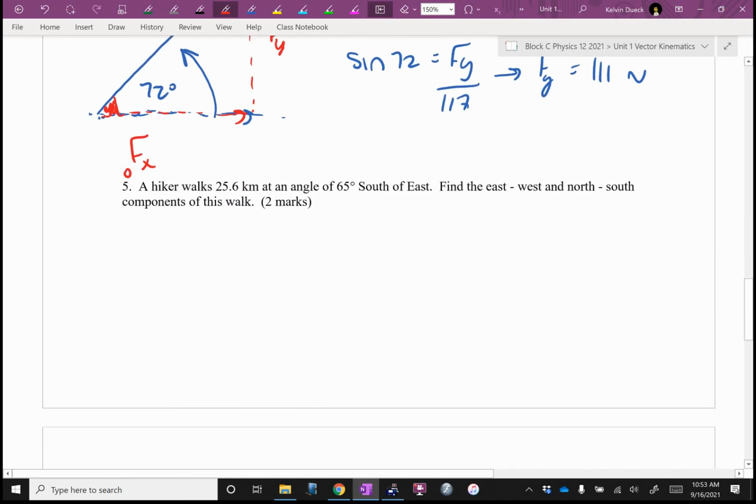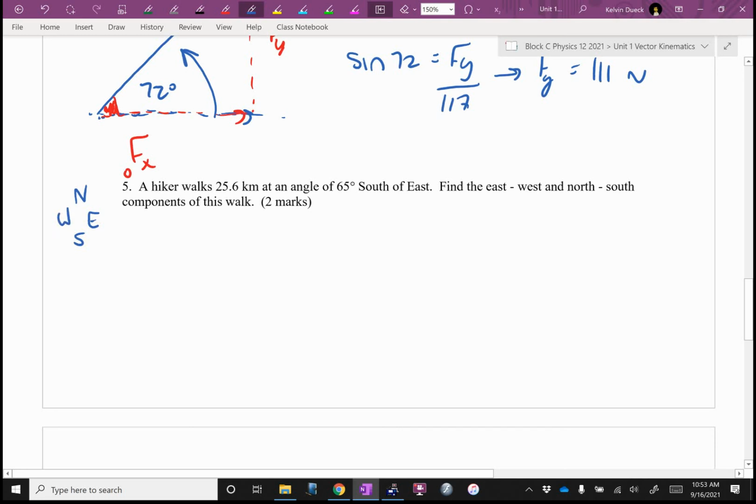A hiker walks 25.6 kilometers at an angle, did I say angle? Components of 65 degrees south of east. Okay, I better draw a compass rose. That's a terrible compass rose. South of what? East.